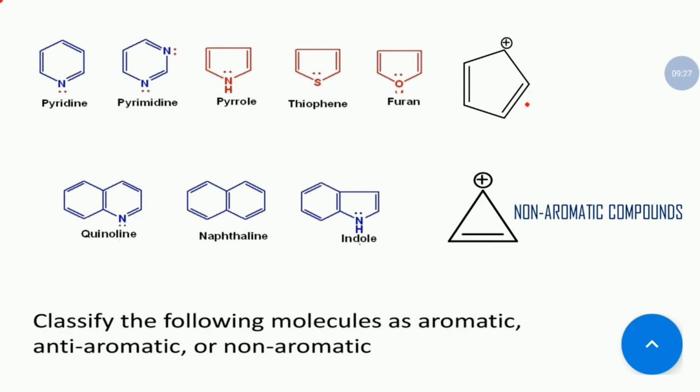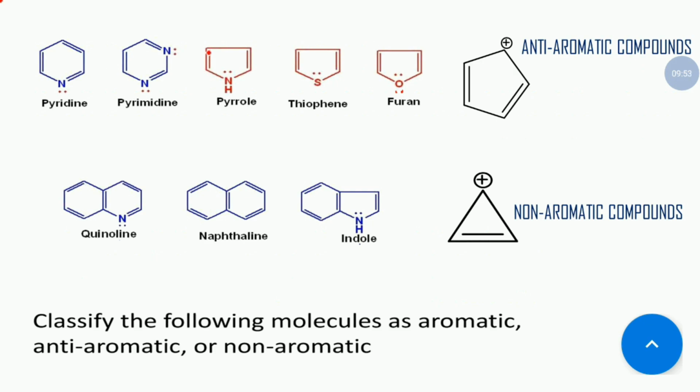So this compound is simply an anti-aromatic compound. Now here you can see 3 pi bonds, here also 3 pi bonds, and the lone pair does not participate in the conjugation process. So both these compounds have 6 pi electrons.